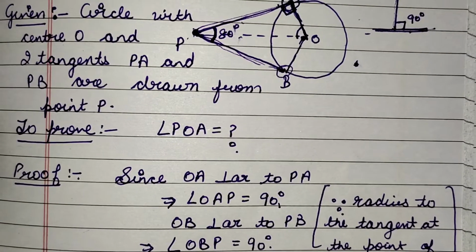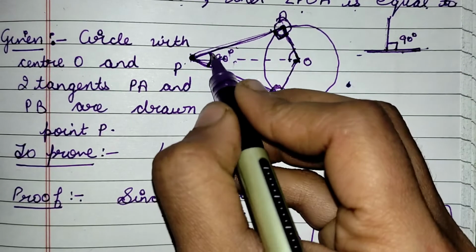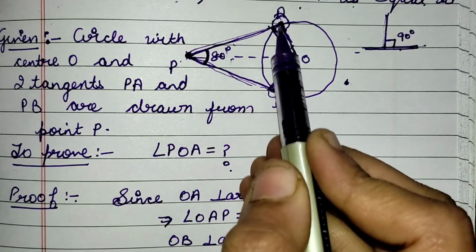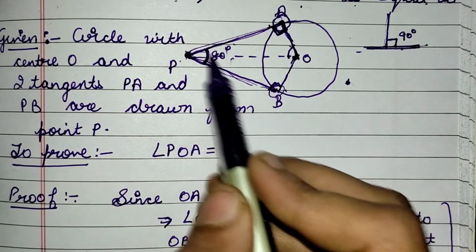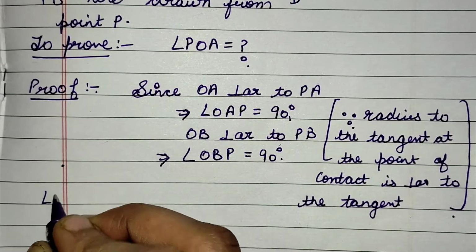Now you can see that this angle is 90, this angle is also 90, and this is given to us. So this is a quadrilateral OAPB, and the sum of angles of a quadrilateral is equal to 360 degrees.